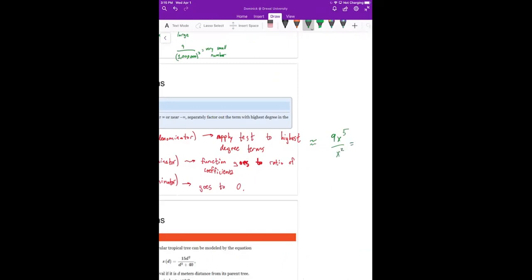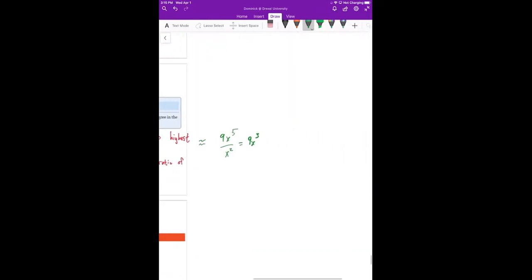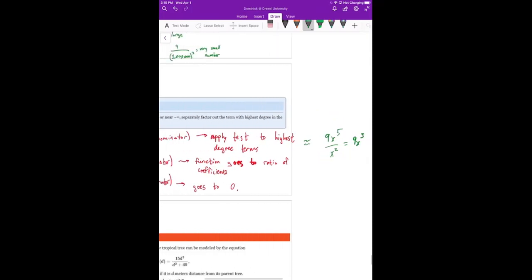Then you simplify that and you end up with 9x to the 3rd. And using what we talked about in a previous video, this is going to behave in this way: as you increase x, you increase y, and as you decrease x, you decrease y, something like that. So that's the first case.